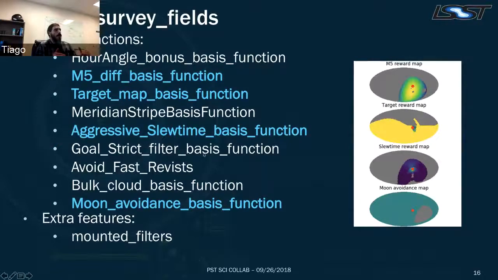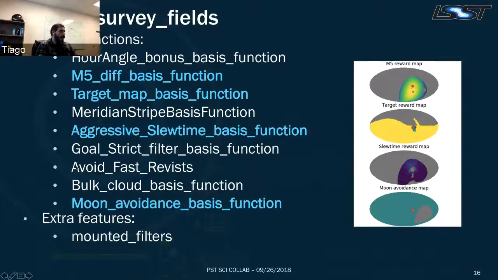It not only takes the time into consideration, but also the number of observations that you have on each survey, and the goal that you want for each survey. So if a survey has a certain goal and you have a lot of observations on it, the reward this basis function gives is lower than for a survey that has a higher goal and a lower number of observations.